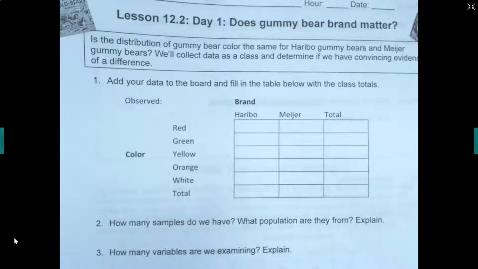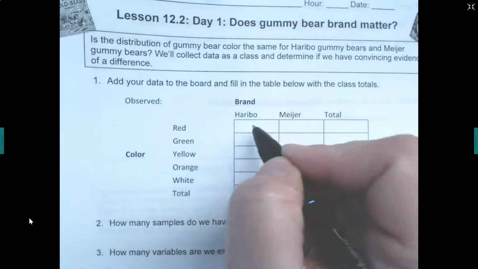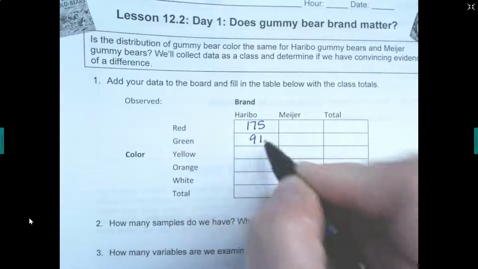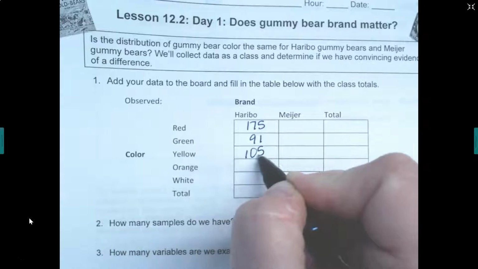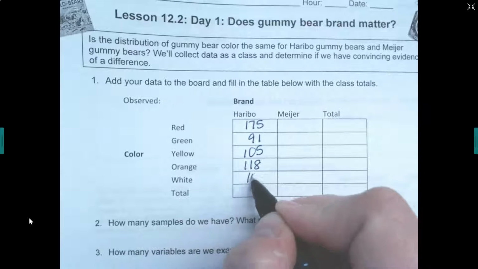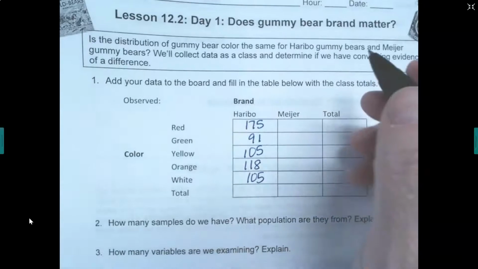Alright, so today's scenario is about the distribution of gummy bear colors. We have Haribo gummy bears and Meyer gummy bears. Meyer is a grocery store in the north. Okay, so I'm going to give you the counts. We've got 175 red, 91 green, 105 yellow, 118 orange, and 105 white for Haribo.